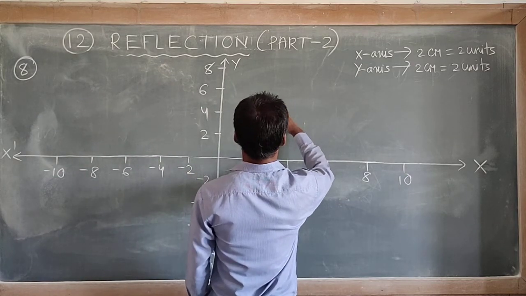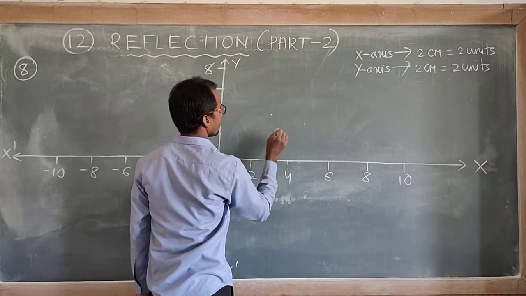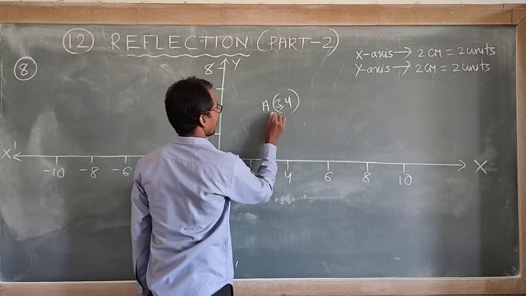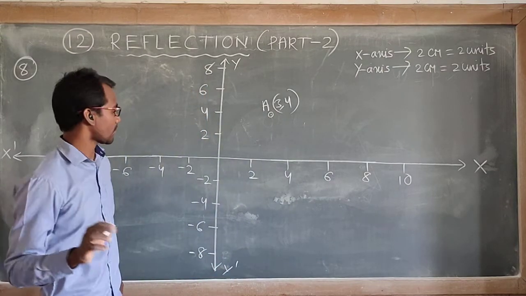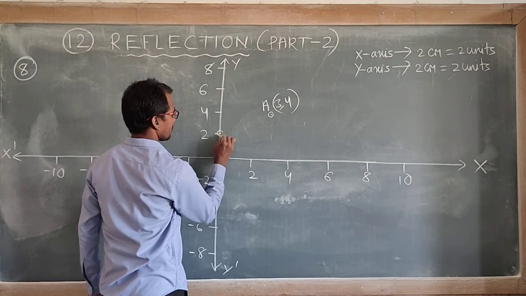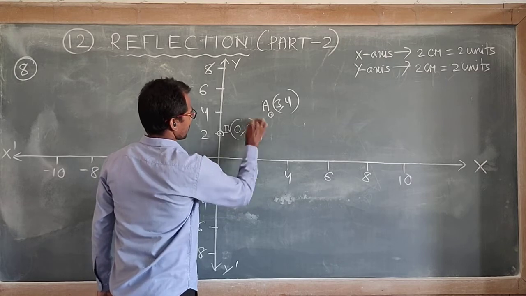This is 4. This point is A (3, 4). Okay. Then B (0, 2). 0, 2 means y axis. This is B (0, 2). Okay.